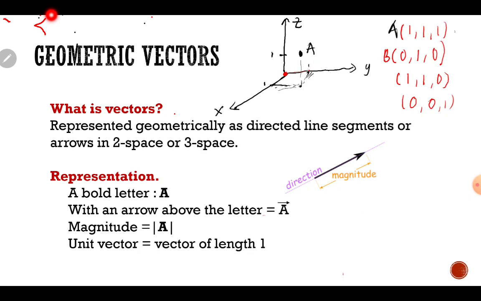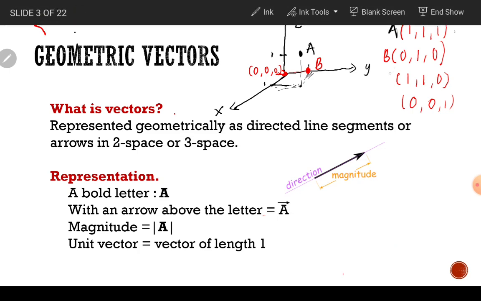Maknanya dia berada di paksi Y semata. Okay, this is our point B. Ni point ni adalah 0, 0, 0. Okay, this is the origin 0, 0, 0. So point B adalah where the only point yang ada adalah point Y saja. So 0, 1, 0. Boleh faham? Alright.